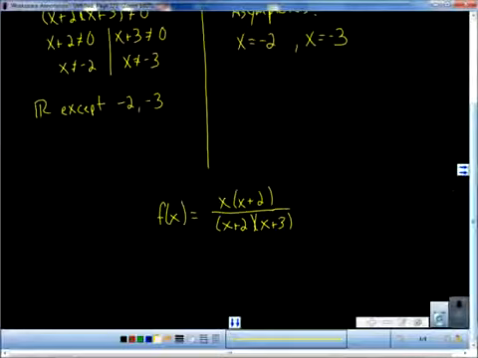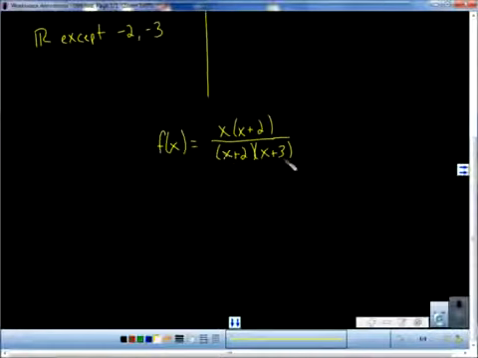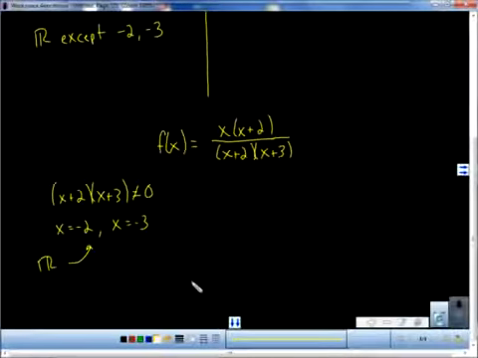Now, if we were to find the domain like we did in the last problem, we would use both factors from the bottom. We would say (x plus 2) times (x plus 3) cannot be equal to 0. So x is equal to negative 2, x is equal to negative 3, all real numbers except for these two.